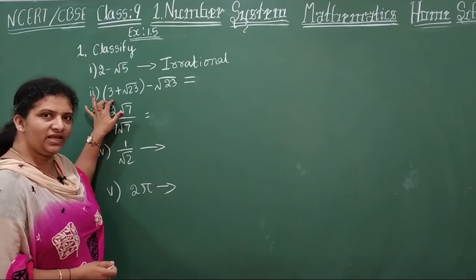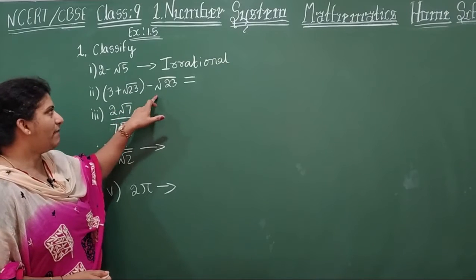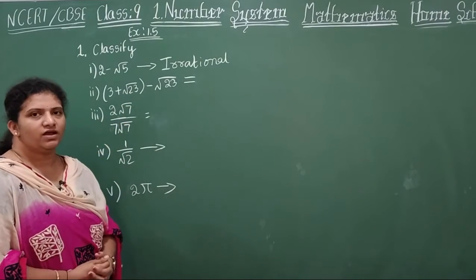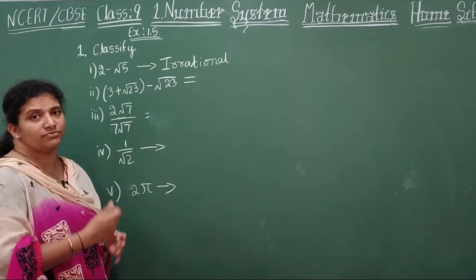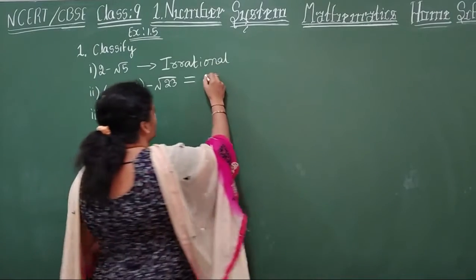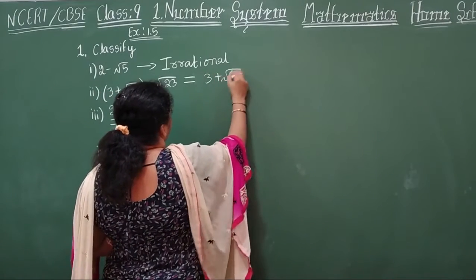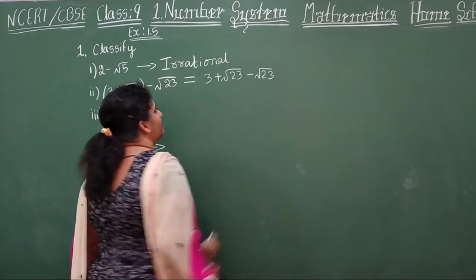See the second one here, 3 plus root 23 minus root 23. Observe here children, let's first remove the brackets. So remove the brackets and write 3 plus root 23 minus root 23.